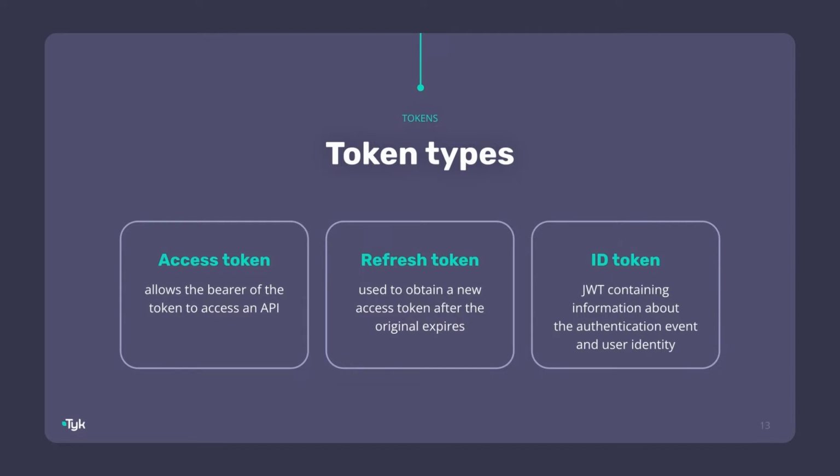Now, one common question around access tokens and refresh tokens is around the time of expiration. How long should an access token be valid for, and how long should a refresh token be valid for? Once again, it really depends on a case-by-case basis. It really depends on what your overall API security strategy is.